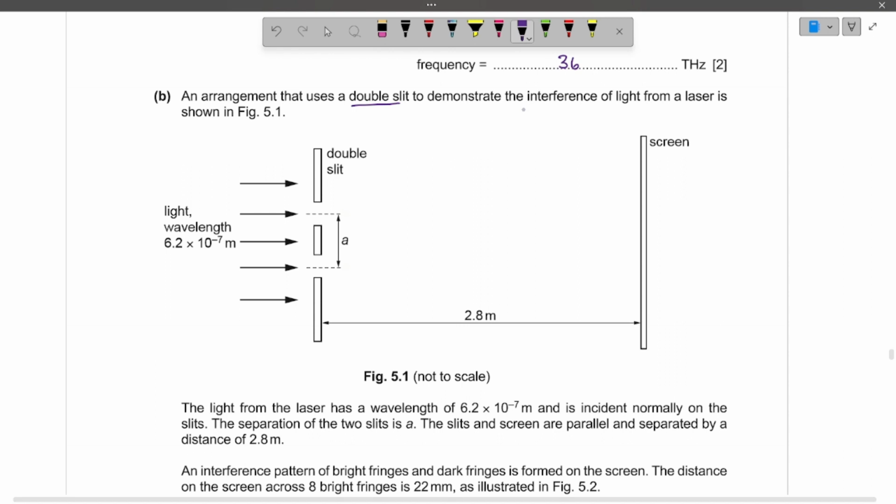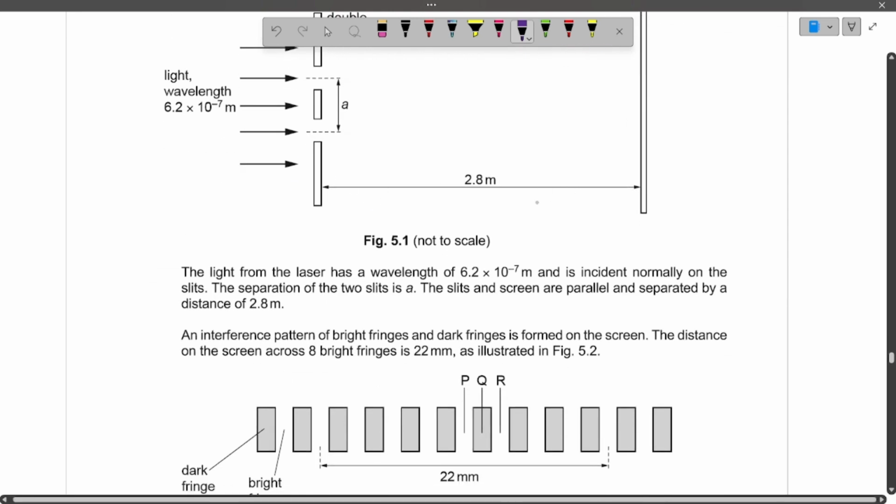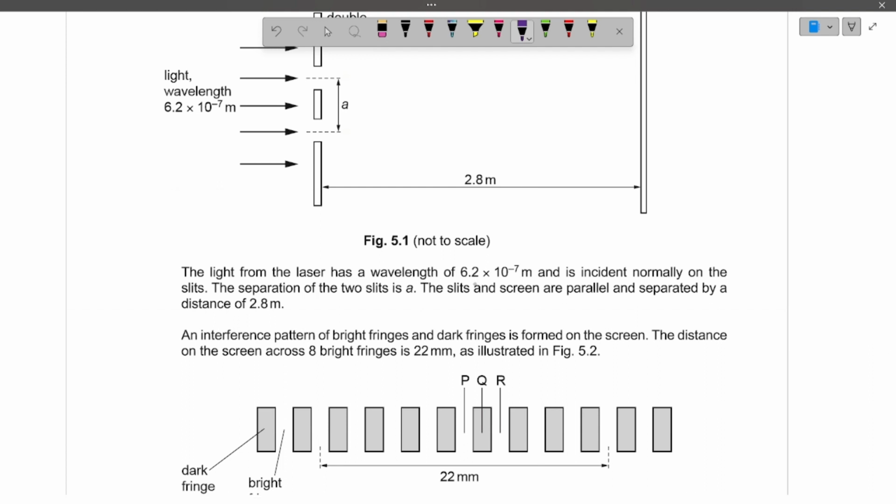Okay. Then the B part of this question is, an arrangement that uses a double slit to demonstrate the interference of light from a laser is shown in figure 5.1. There is the double slit and the screen and the distance. The light from the laser has a wavelength of 6.2 times 10 to the power minus 7 meter and is incident normally on the slits. The separation of the two slits is a.